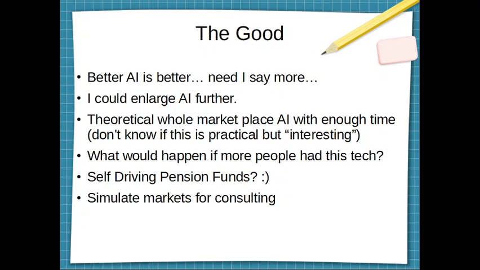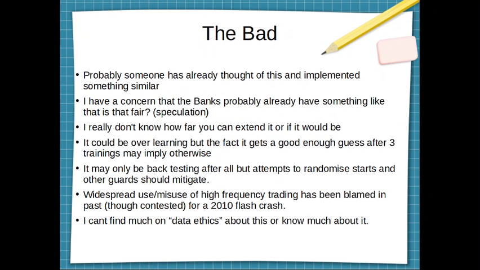But I could see this as a smart expert system, where if you were a non-expert, you could have an artificial intelligence that advises you on your trading process and gives you an estimate of how good or bad a move is, which could be good. We could get more people into the market.